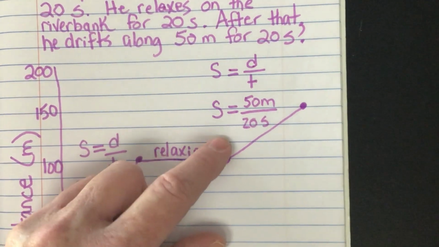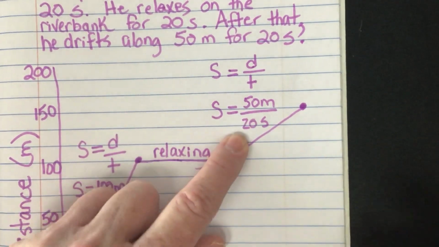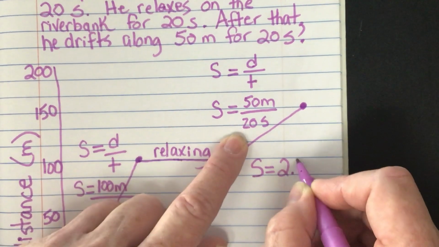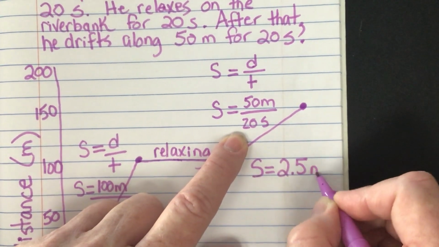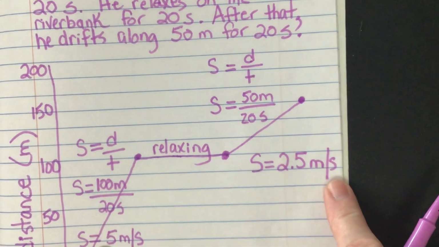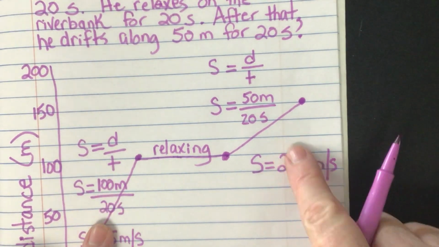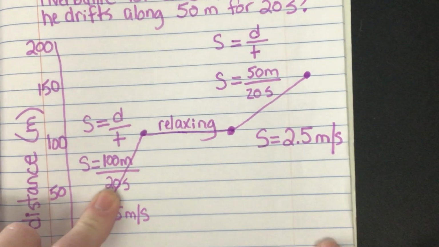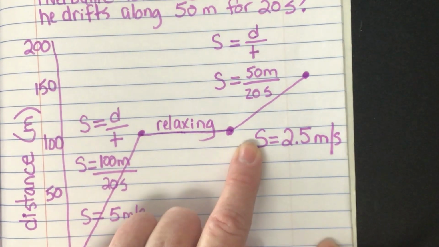So we would do the math. We would take 50 and divide it by 20, and we're going to get 2.5 meters per second. At which point did he go faster? At the beginning or the end? The beginning, yeah. The beginning he went faster. This time he was a little bit slower.